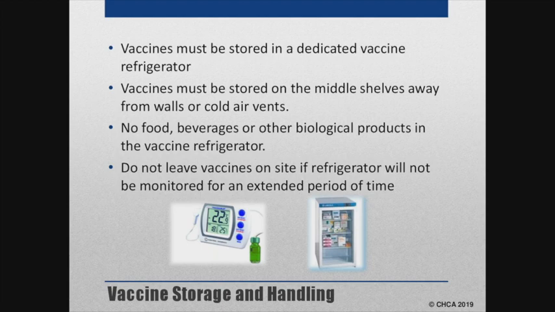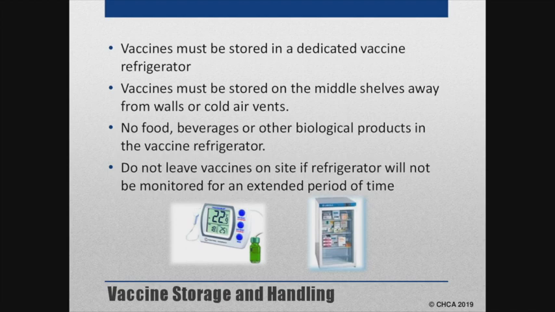Don't leave any vaccines on site if the refrigerator will not be monitored for an extended period of time. And we don't put vaccines in the door, so we want them in the center-most possible area of the fridge.